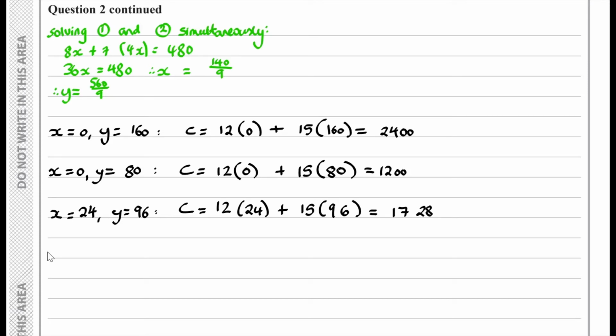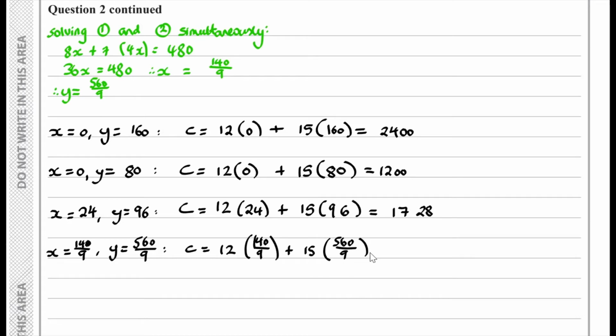1728. And when x is equal to 140 over 9 and y is equal to 560 over 9, c is equal to 12 lots of 140 over 9 plus 15 lots of 560 over 9, which is 1120. The smallest one, obviously, that's this one.